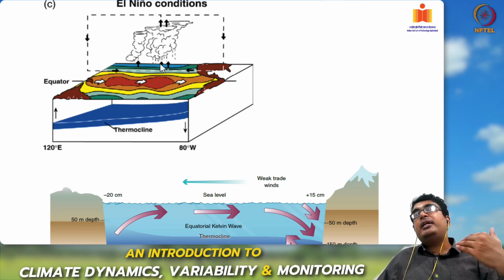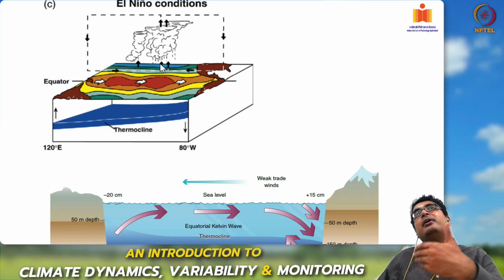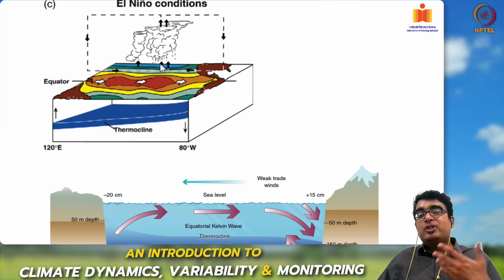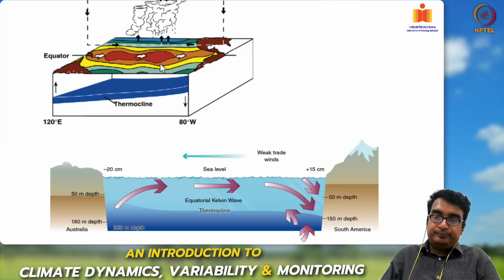Whereas the traditionally humid and wet regions of Indonesia and Australia experience drought-like conditions because of the presence of high pressure and cold oceanic waters on the coastlines.